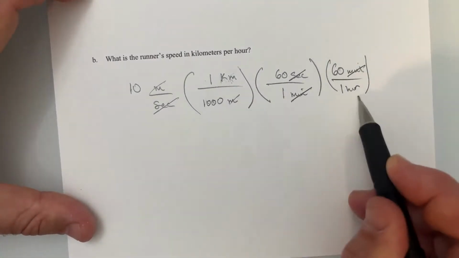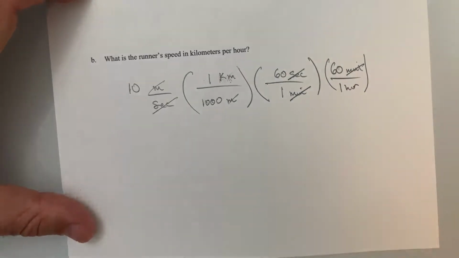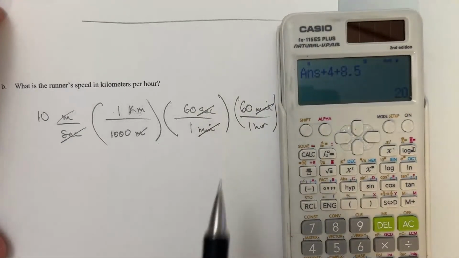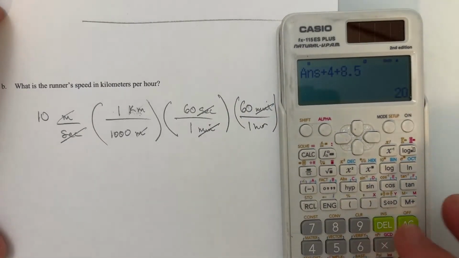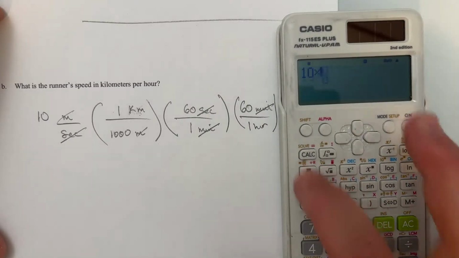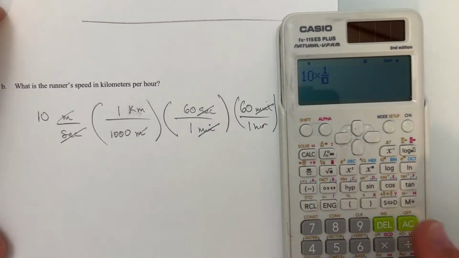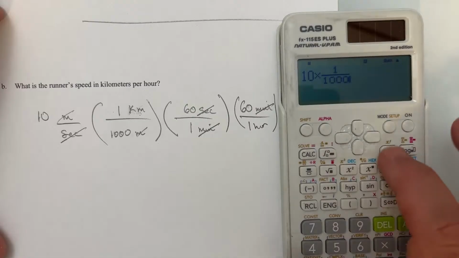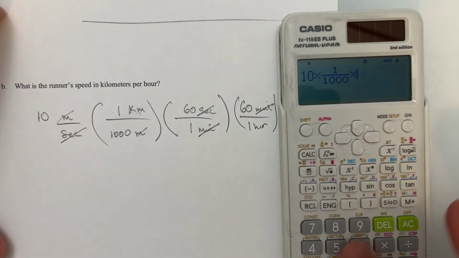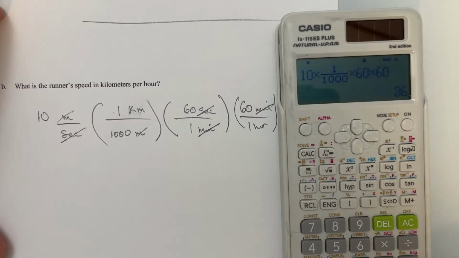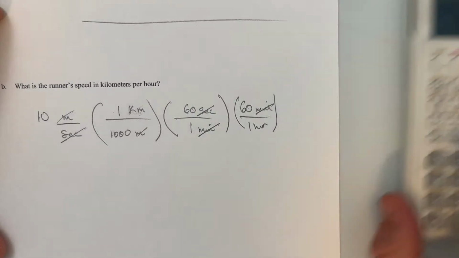So I'm just carrying out this whole set of multiplication. So 10 times 1 over 1,000 times 60 times 60. 36. That is pretty fast.